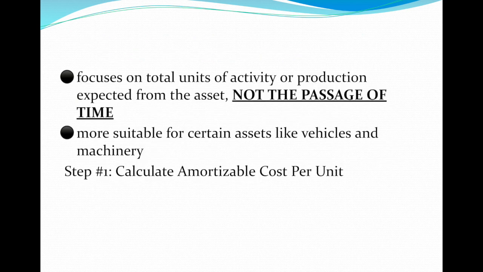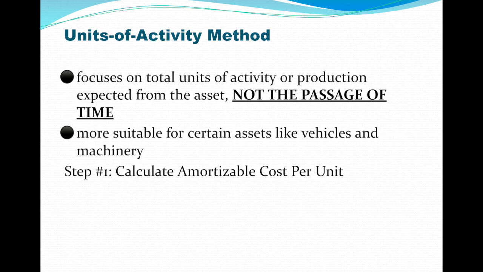Okay, so this is the last method of amortization calculation, and it is called the units of activity method. What makes this one interesting and stand out from the other two is that it does not focus on time. Instead, it focuses on total units of activity or production expected from an asset.